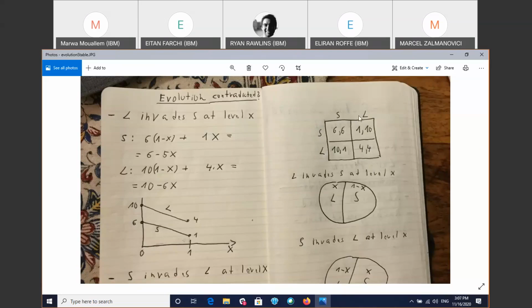And they compete on food, maybe. So if two large players are competing, that's why they're getting less. If a small and a large animal are competing, then maybe the large animal is stronger, so it gets most of the food.